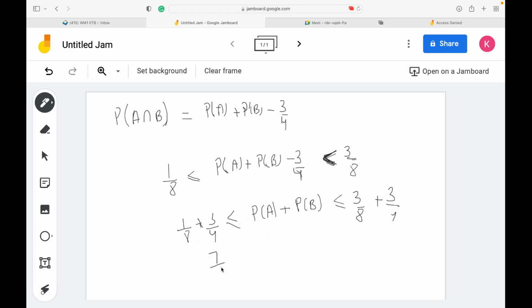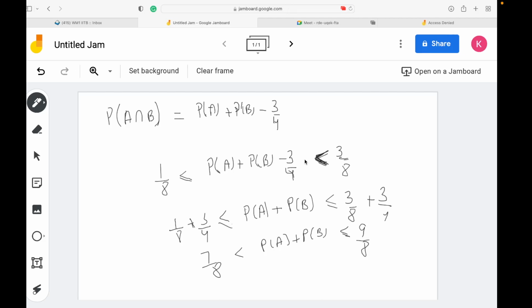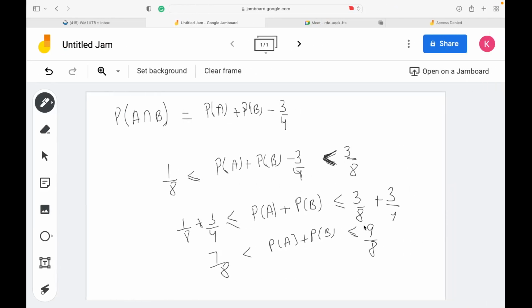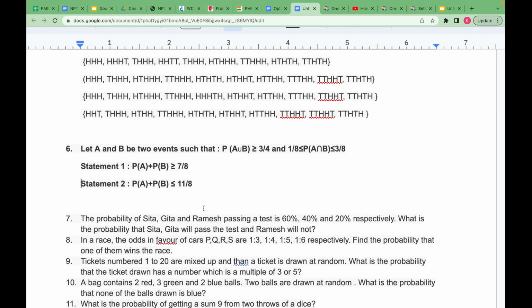So this will be 7 by 8 less than PA plus PB, and it is less than 9 by 8, right? Now in the question it was asked that PA plus PB is greater than or equal to 7 by 8, which is correct, and PA plus PB is less than 11 by 8. So we have seen this is less than 9 by 8, so it will also be less than 11 by 8. So both the statements are correct.